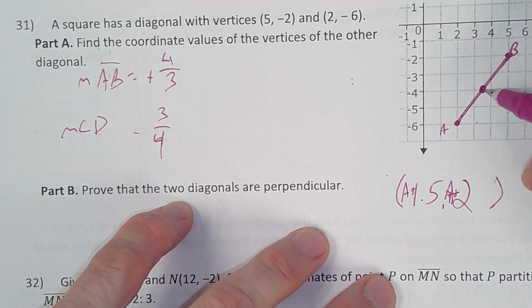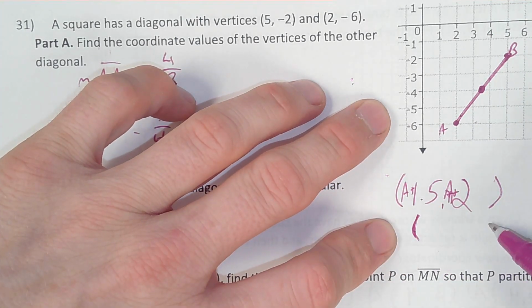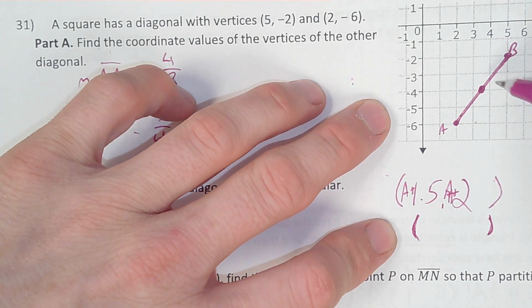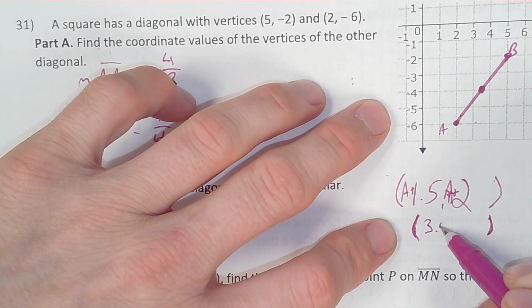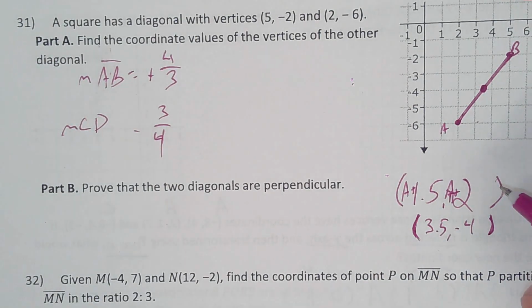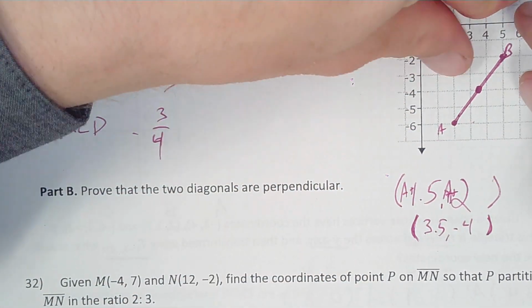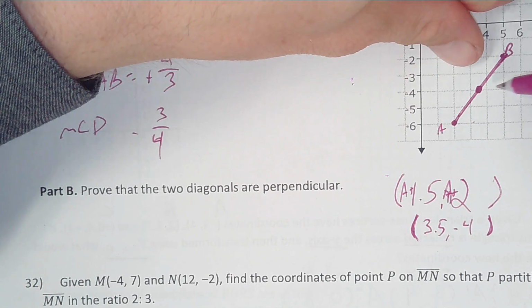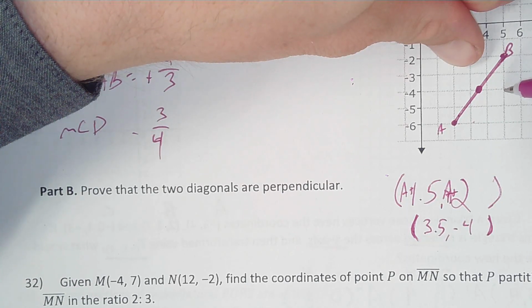But I know it's going to intersect this point, which, by the way, is 3.5 and -4. Okay, so that's my slope. So I know that it's going to go 1.5 this way, and then 2 down.